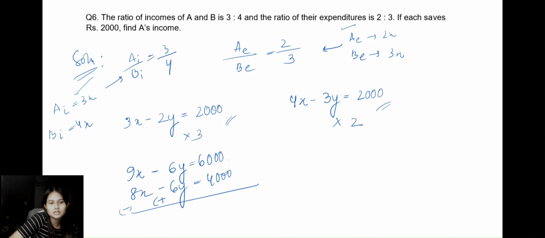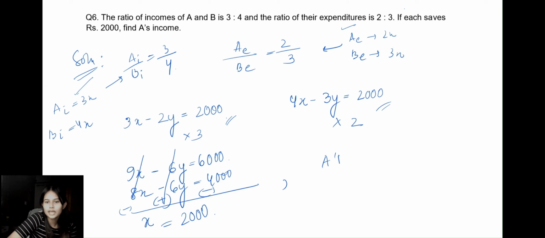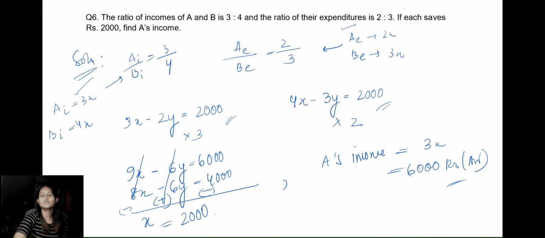Equating this, we get, for this thing we will get x, this will be cancelled, and we get 2000. Therefore x is 2000. Therefore A's income is 3x, therefore 6000 rupees. This is the approach you should use.